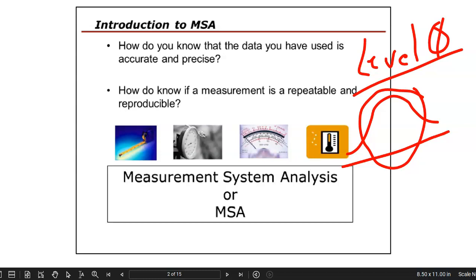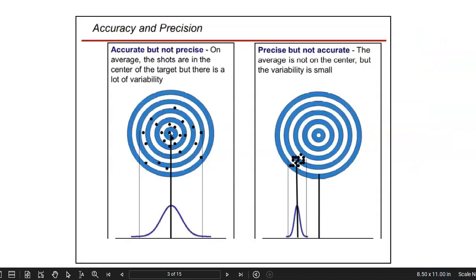Now let's take a look at a couple of terms that are key to any sort of measurement system analysis. A couple of concepts that are really important include accuracy and precision. And I like to use a bullseye on a target to help with the understanding of the two.